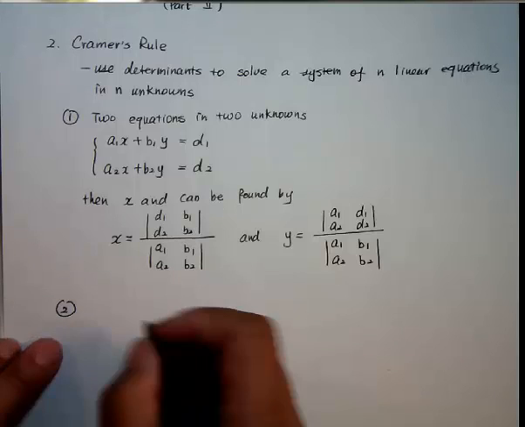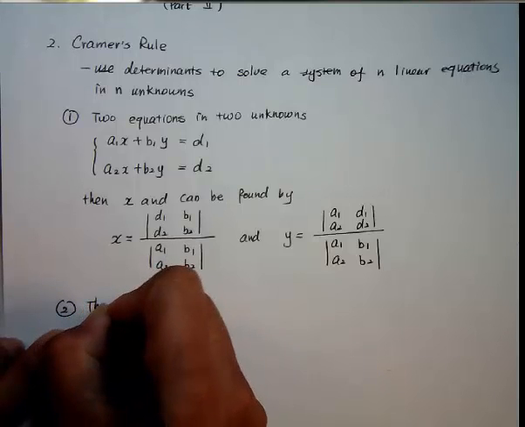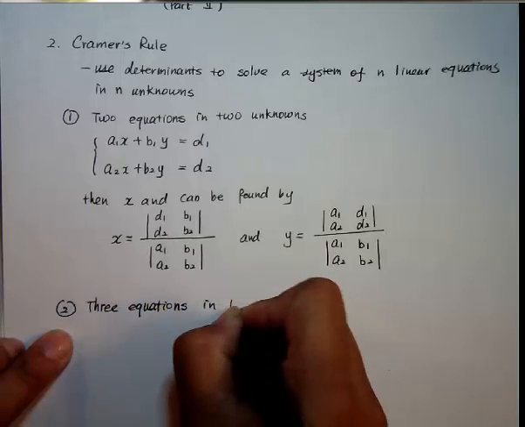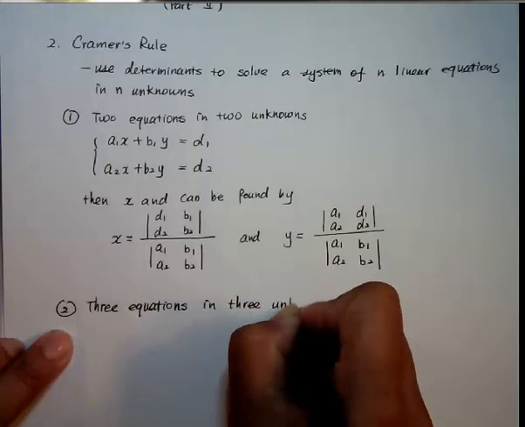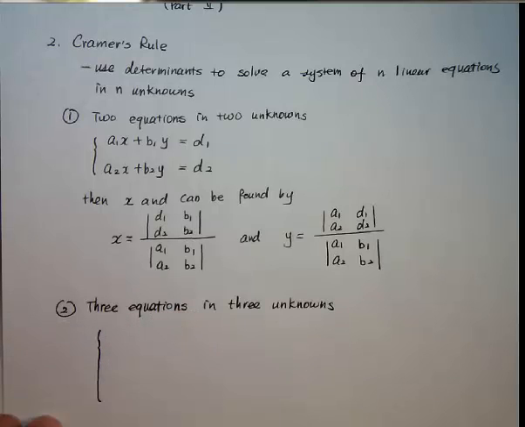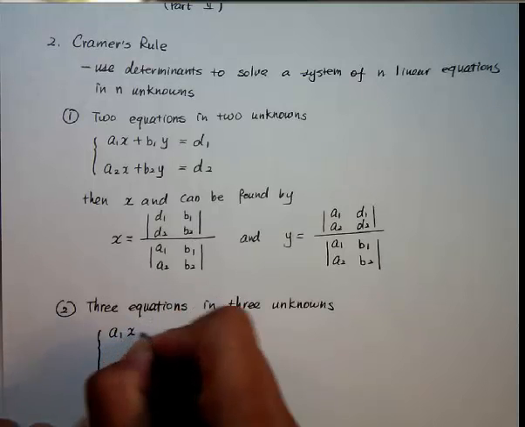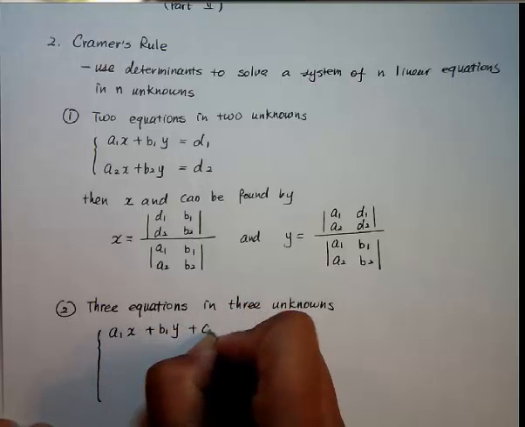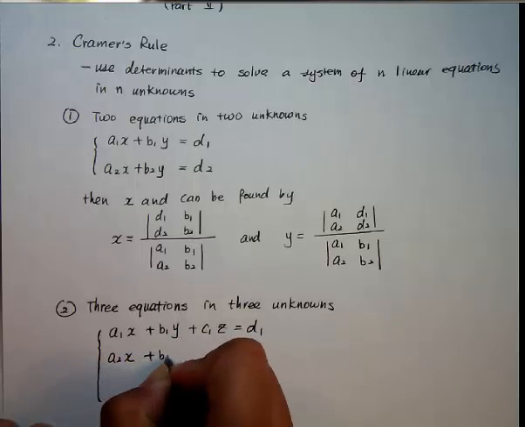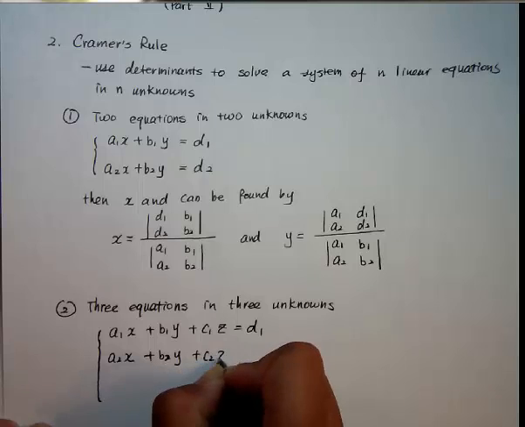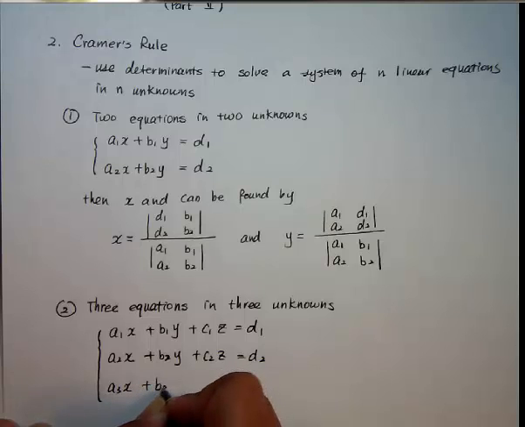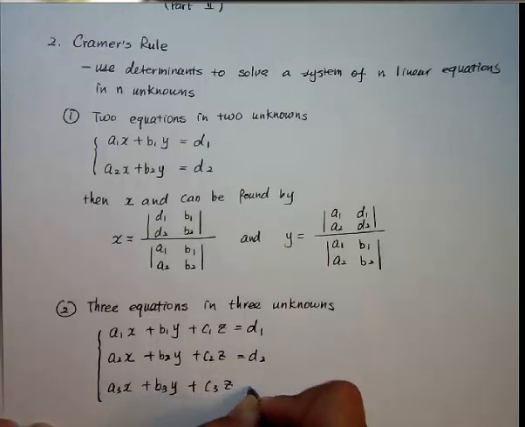And for 3 by 3, you have 3 equations in 3 unknowns. We have a system of 3 linear equations: a1 x plus b1 y plus c1 z equals d1, a2 x plus b2 y plus c2 z equals d2, a3 x plus b3 y plus c3 z equals d3.